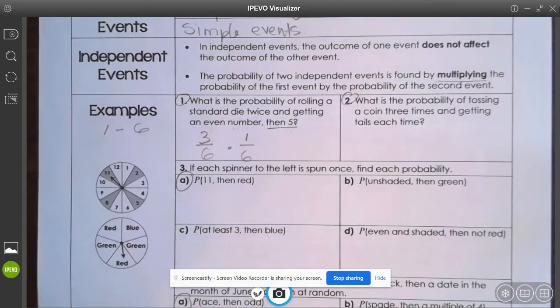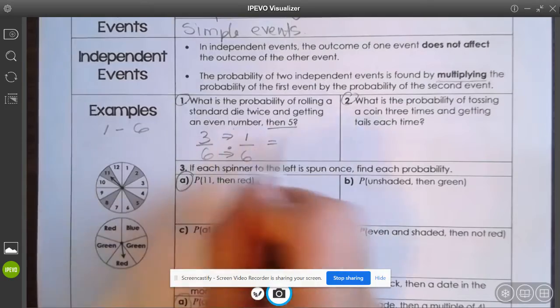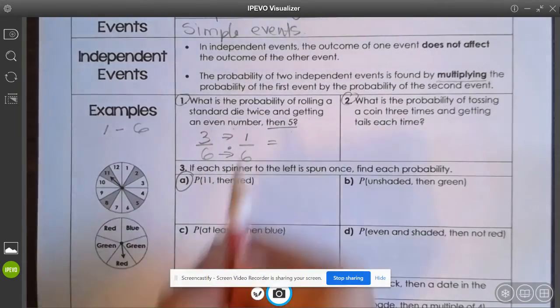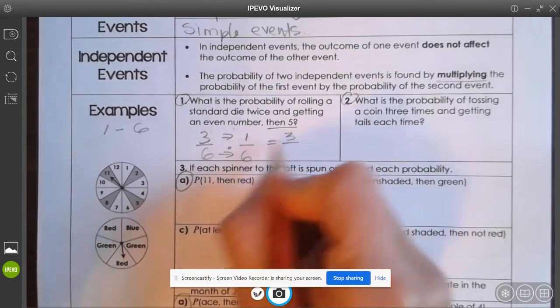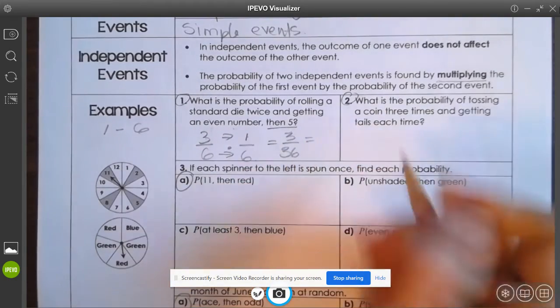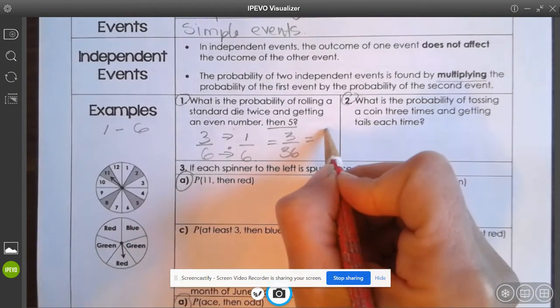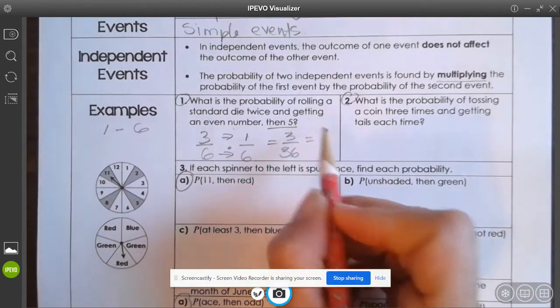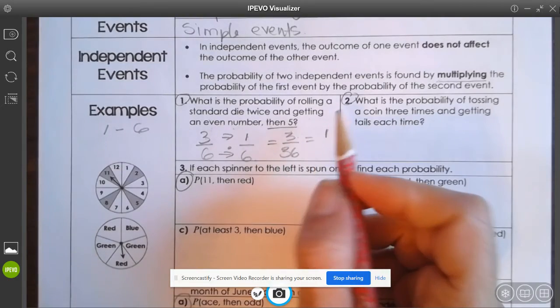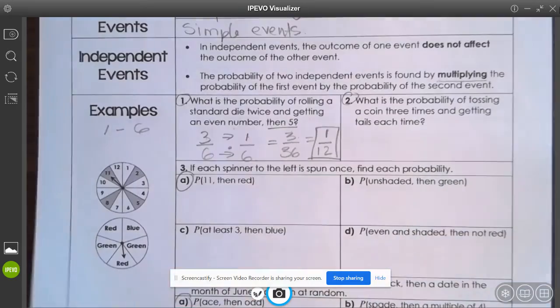There's one 5 when throwing a die, and then you just multiply top numbers and then bottom numbers and then simplify. 1 times 3 is 3. 6 times 6 is 36, and 3 goes into 36 twelve times. So 3 divided by 3 is 1 and 36 divided by 3 is 12, so 1 over 12 is your answer right here.